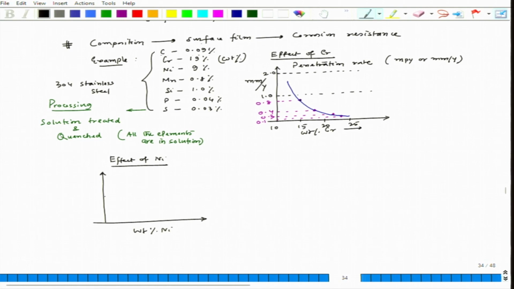So, again this is 1.0, this is 2.0, and millimeter per year, which is penetration depth or penetration rate.